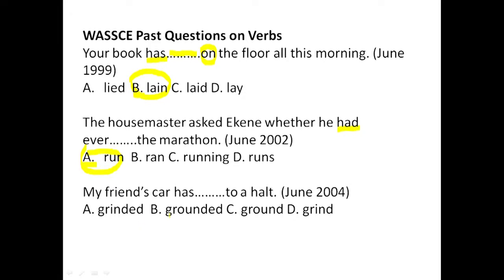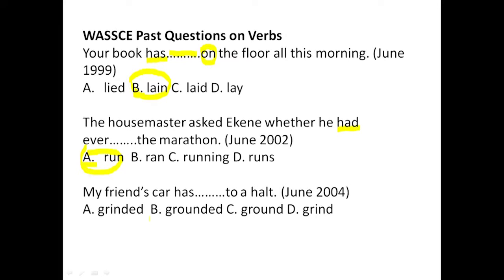B, we have grounded. Grounded is wrong because when you say grounded, you have two meanings. If you have very bad weather, flights are not allowed to fly, and you will say all the flights are being grounded. That could be one meaning. The other meaning of grounded could be when you are being punished.